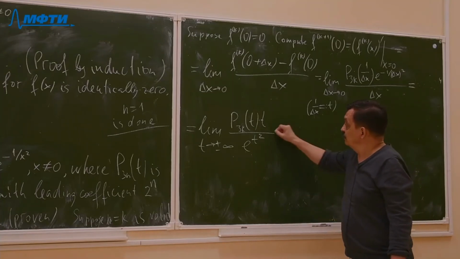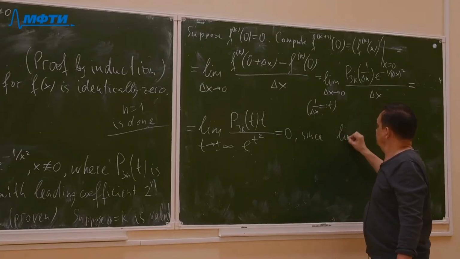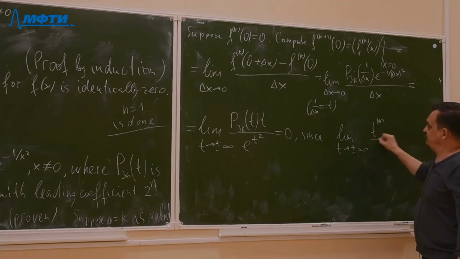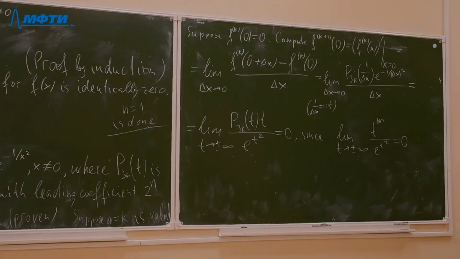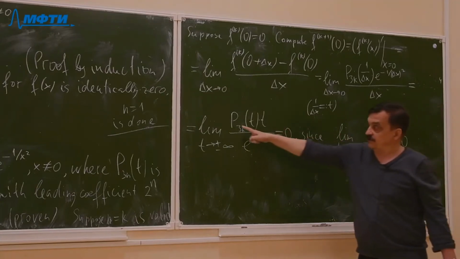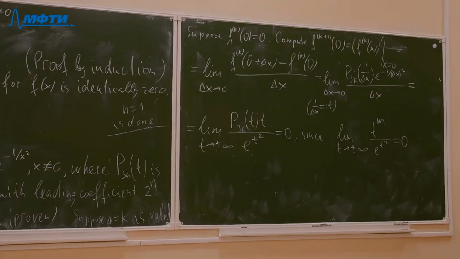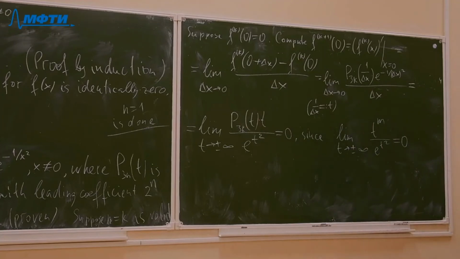So that is 0, since the limit as t tends to plus or minus infinity of t to the power m over e to the power t squared is 0. Because if we have a polynomial, we have a sum of coefficients times t to a power. Doesn't matter which power. If we know that t to an arbitrary power divided by e to the power t squared is 0, then the result, with finitely many terms here, is 0.